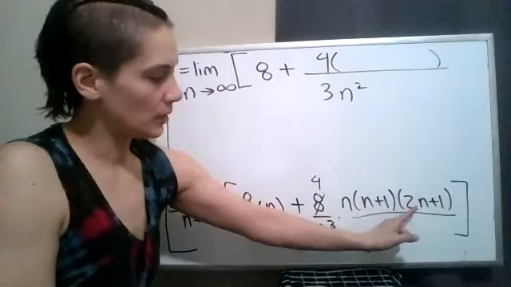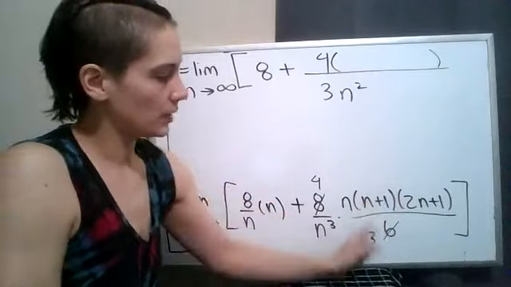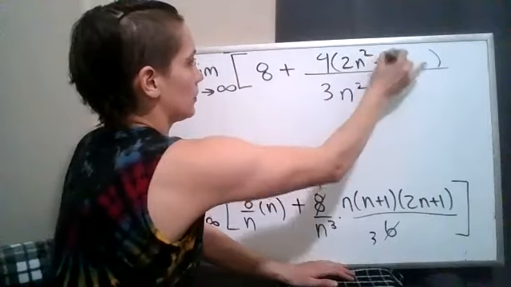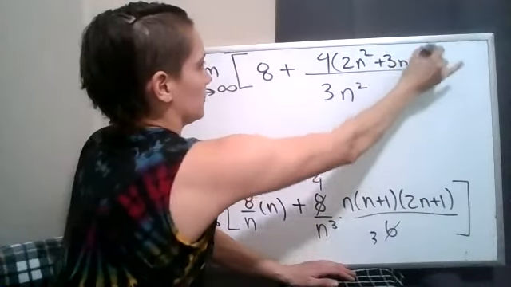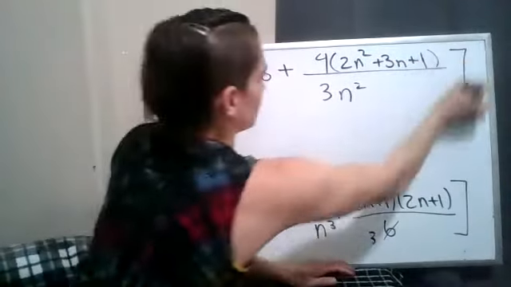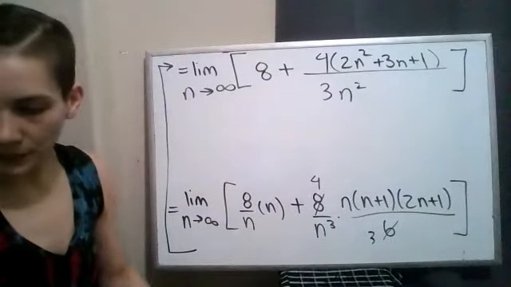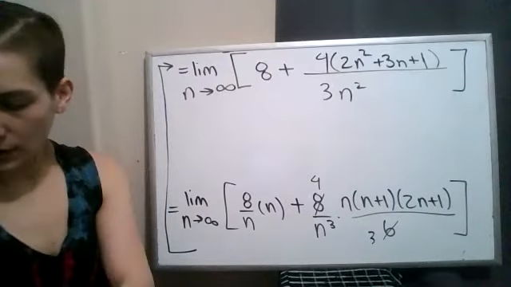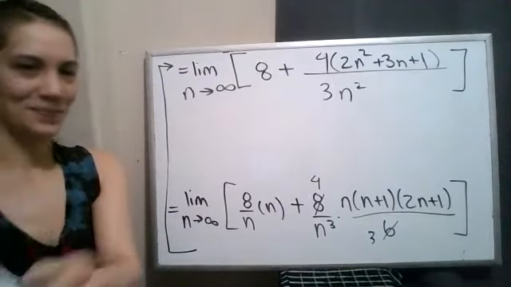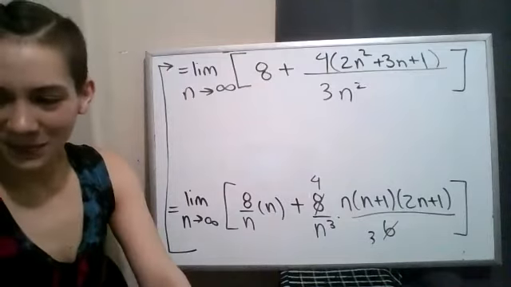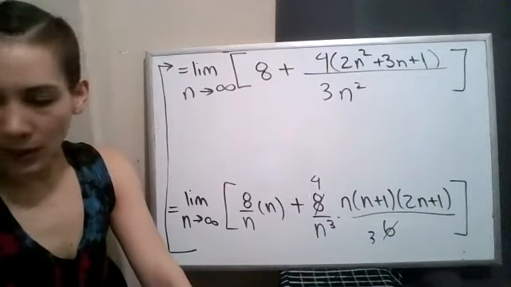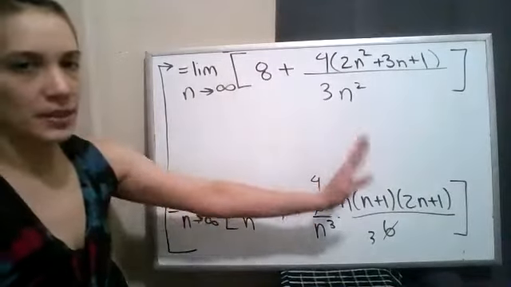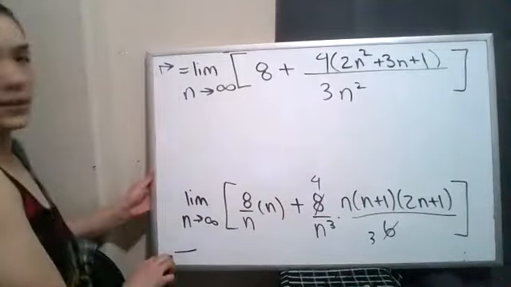We've got 2n squared plus 3n plus 1. So after that, I expand the numerator and then split everything up into separate terms and then find the limit.